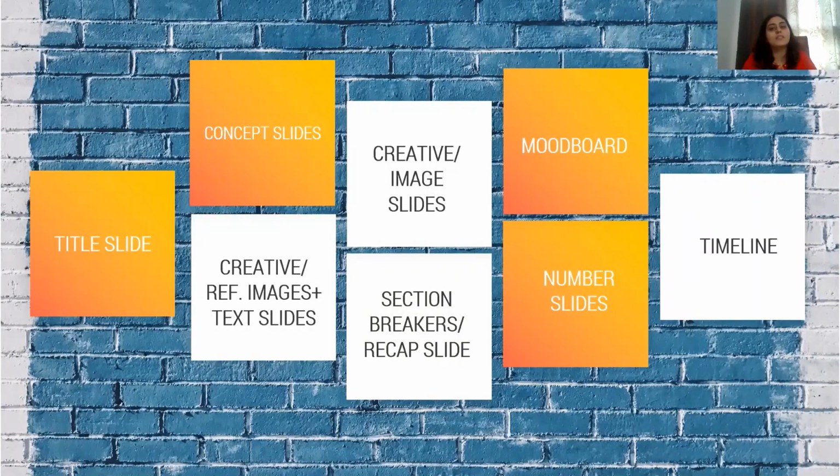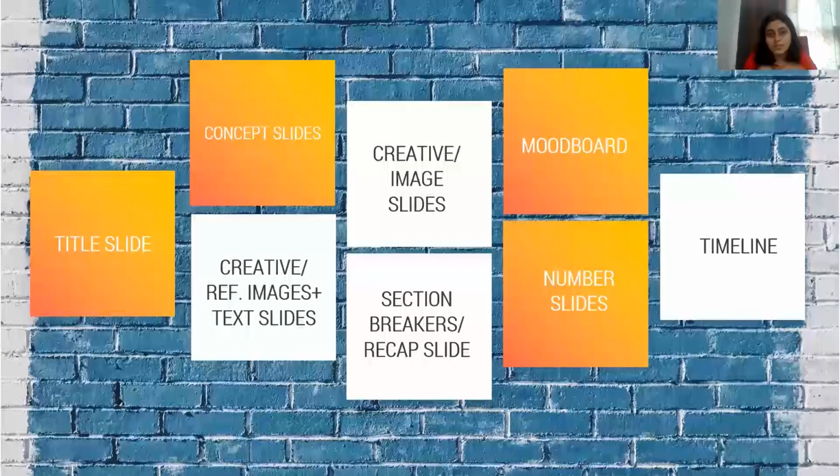Whenever you make a presentation, I can assure you that all the slides that you've ever made fall into the categories of these slides, right? So you have a title slide, you have concept slides that might be using those tricks that we learned, sliced images or textures, reference slides, reference images plus text slides, meaning, for example, if you're making a registration slide, you have a few renders of the giveaways that you're giving them, maybe the costume of the hostesses or anything that you have to specify there.